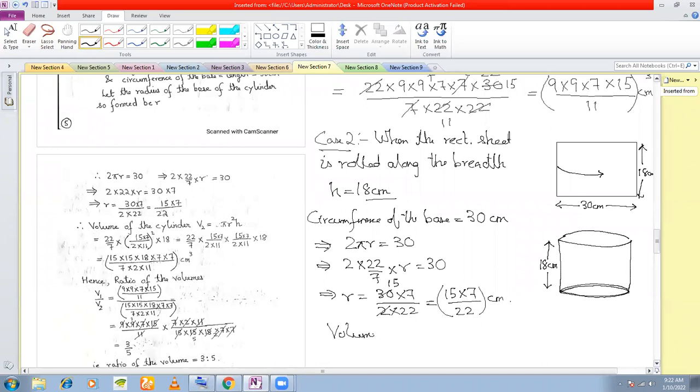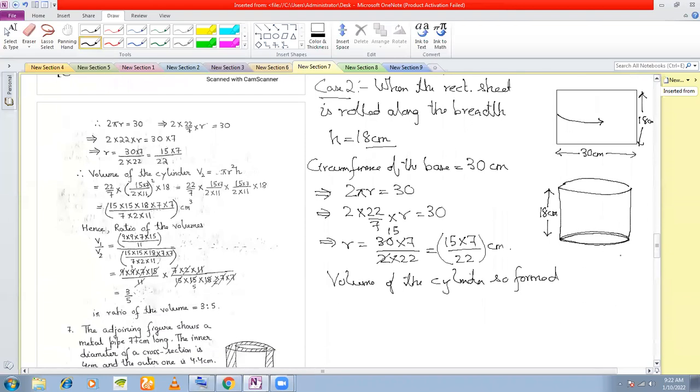Volume of the cylinder so formed is equal to pi r square h, which is 22 by 7 into radius 15 into 7 divided by 22, whole square, into the height of the cylinder, in this case 18.